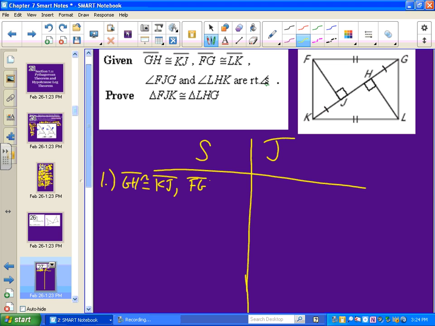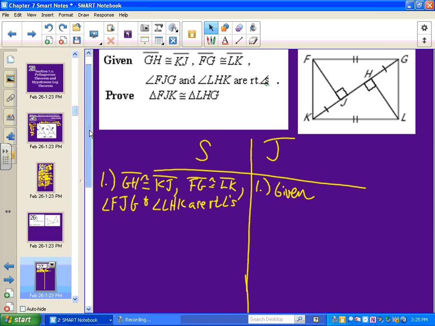FG is congruent to LK. And angle FJG and angle LHK are right angles. And we want to prove triangle FJK congruent to triangle LHG. So triangle FJK is this triangle right here in blue, and LHG is this one here in blue.